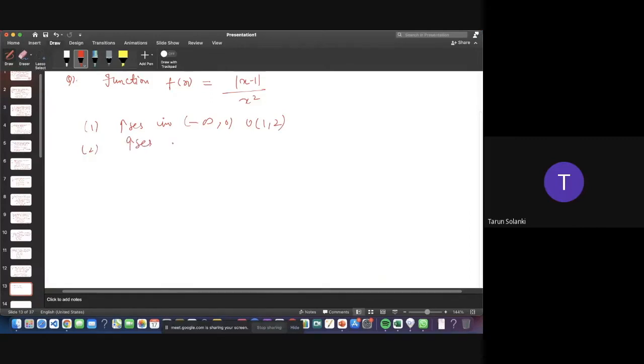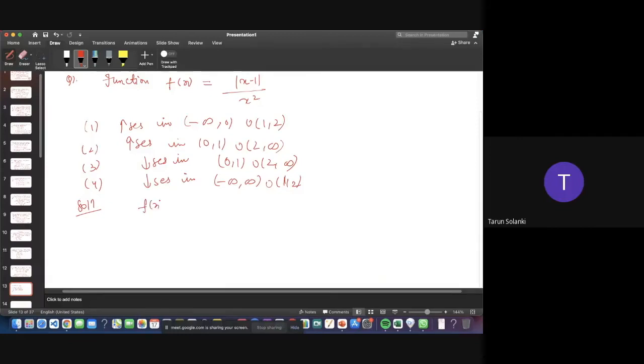Second, again increases in 0 to 1 union 2 to infinity. Third option, decreases in 0 to 1 union 2 to infinity. And the last option is decreases in minus infinity to infinity union 1 to 2, right? So we can solve.